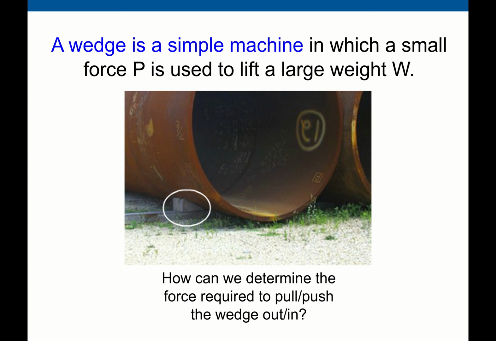At impending motion, the frictional force is very high, but once the object moves, the frictional force drops significantly. So the question in this chapter will ask you how to find the minimum force to move the wedge. That means actually we need to find the maximum force.